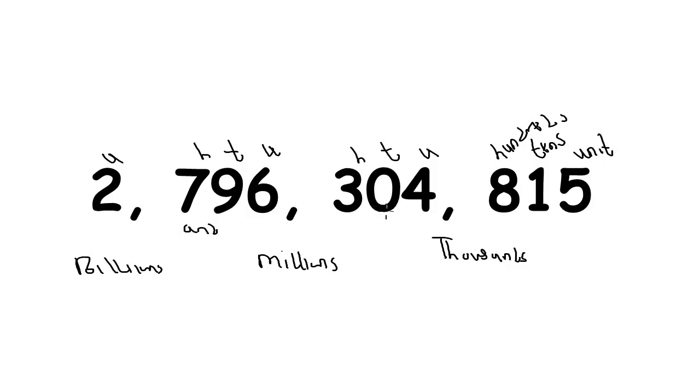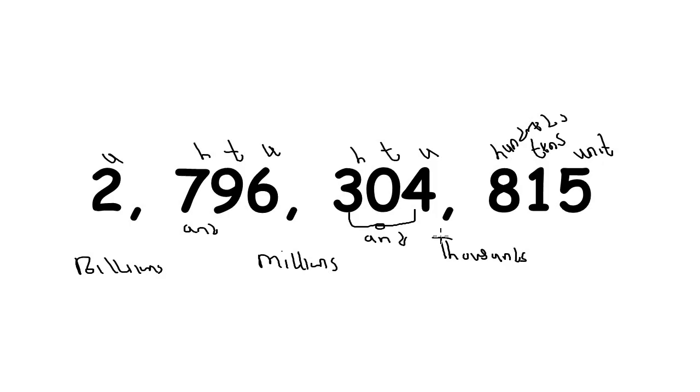Now, if the digit at the place value of tens is 0, just as we have it here, then the word and will be in between hundreds and units. That's where it's going to be. These only occur if the digit that corresponds to the place value of tens is 0.